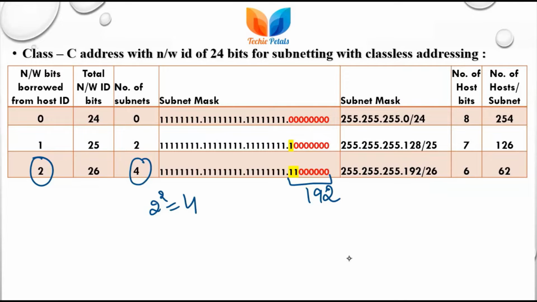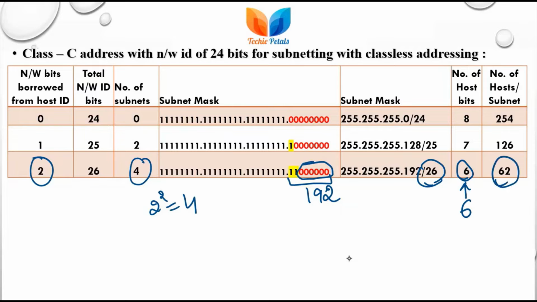And this time we will be writing /26 because network bits are 26 now, 24 from these 3 octets and 2 from the host ID. So in total we have 26 bits to represent the network, and the remaining 6 zeros here are in the subnet mask written as zeros, but these 6 bits will be used for the host ID, and the number of bits to represent host is 6 here.